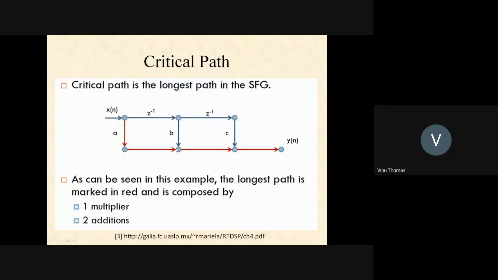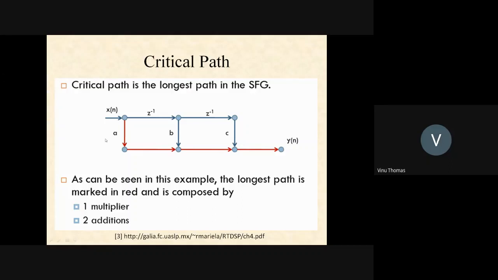If you have multiple paths, you have to look at the path with the maximum number of arithmetic units. So how many arithmetic units are there? 1 multiplier, 1 adder, and 1 adder, which means 1 multiplier and 2 additions.